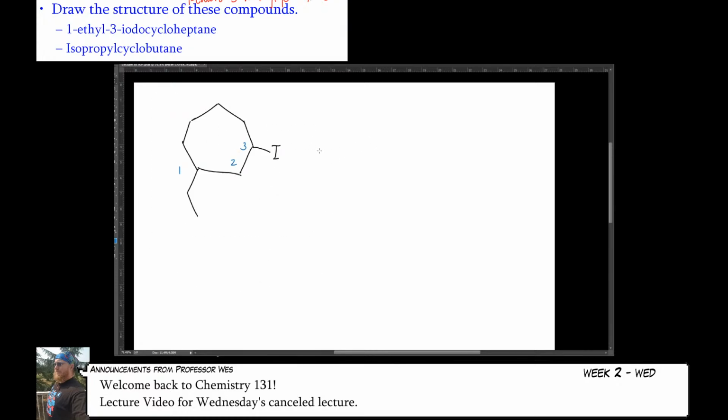All right. Isopropyl cyclobutane. Really, the trick to that one is just remembering what the isopropyl group was like. And so we did that in a previous lecture. I want to say it was Tuesday of this week. So there's no number, which means that any of these groups will just be 1, and then isopropyl looks like a Y. Remember that.